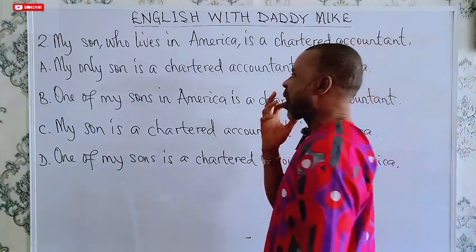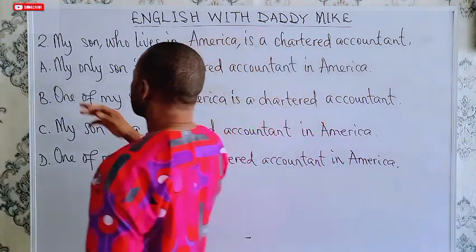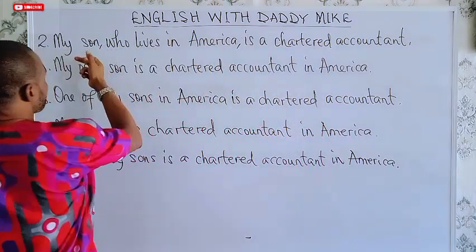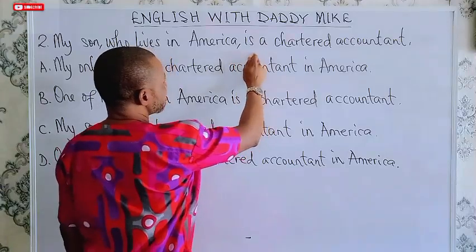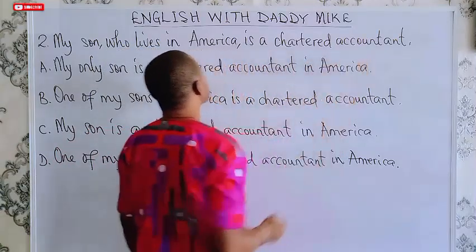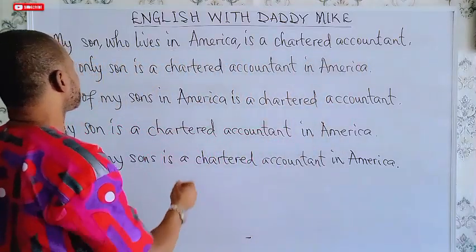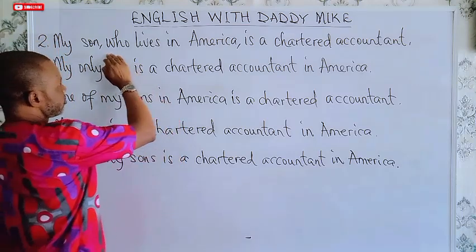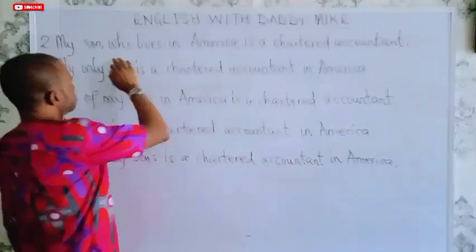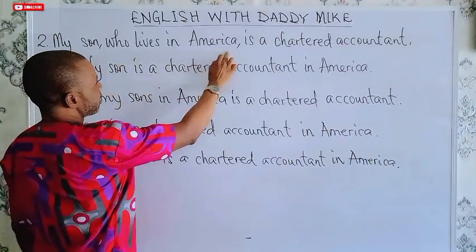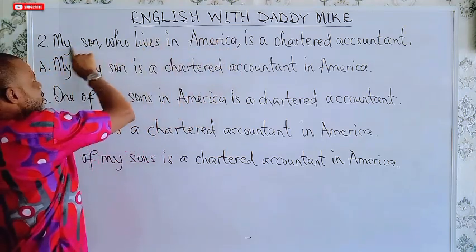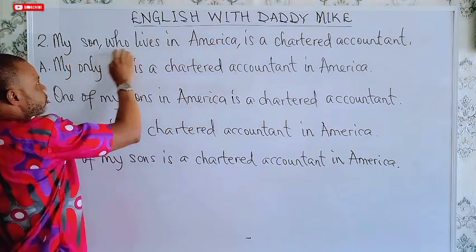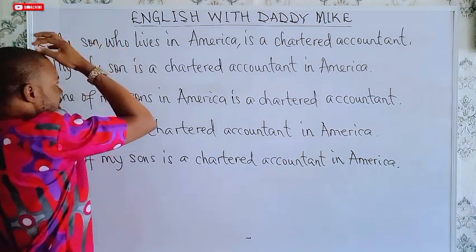Well, the sentence, my son, comma, who lives in America, comma, is a chartered accountant, has a relative clause, that is an adjectival clause, who lives in America, embedded there, as it qualifies the noun phrase, my son, talking about my son, this particular one.